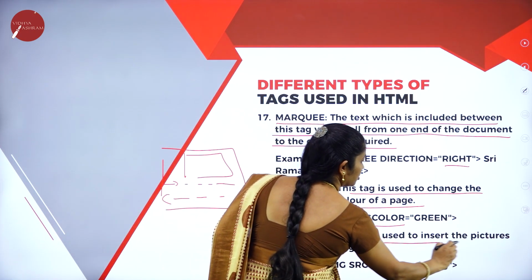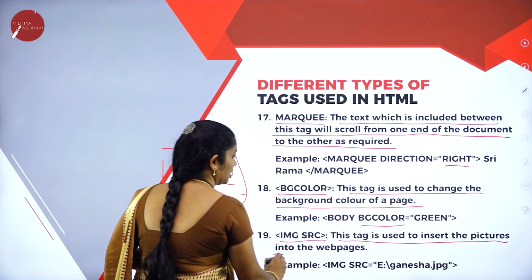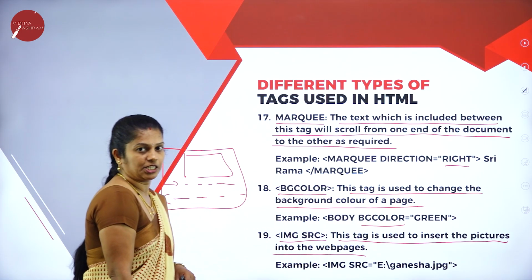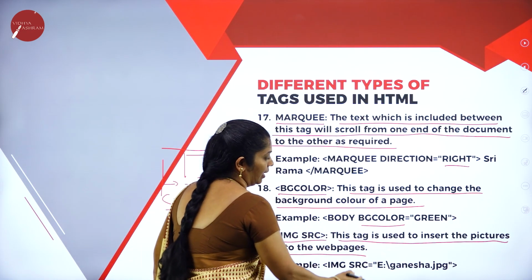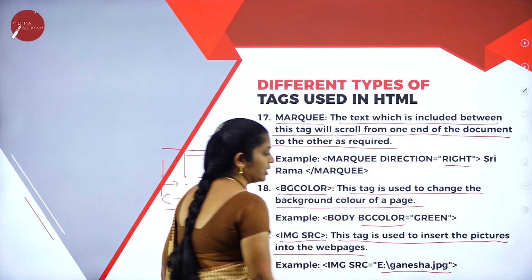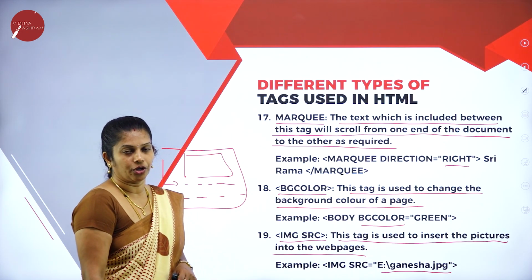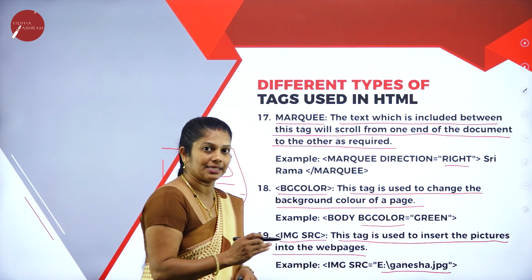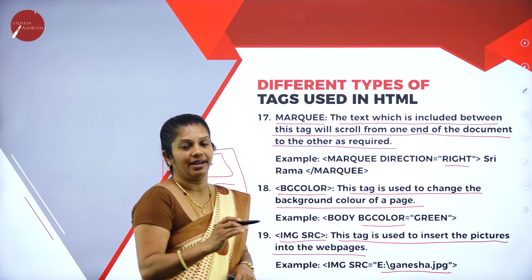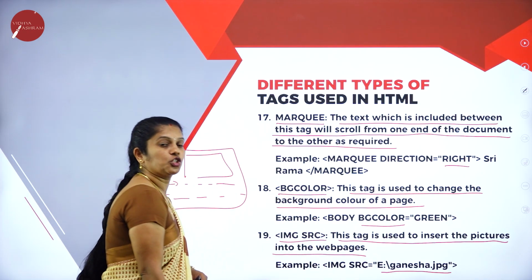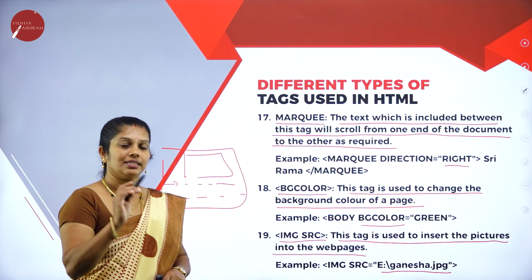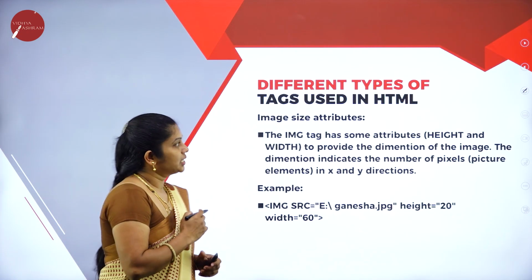This tag is used to insert the pictures into the web pages especially. For example, image source equals. Here, inside the double quotes, you have to write the path of your document, which picture you want to insert, where exactly it is present. With extension, you have to mention here. That is image source equals. Inside the double quotes, you have to mention that.